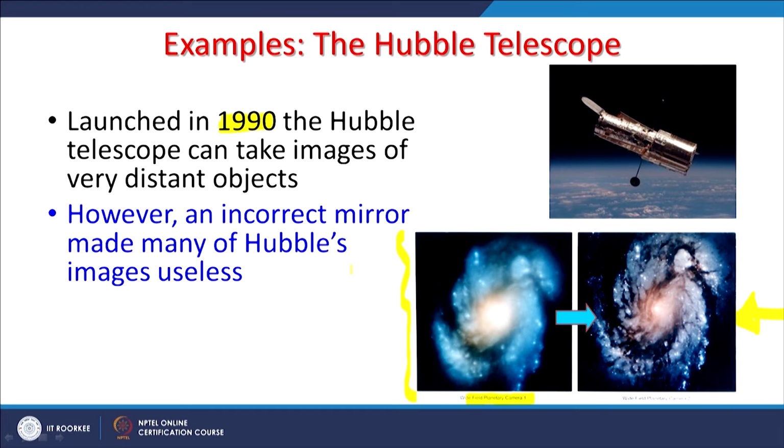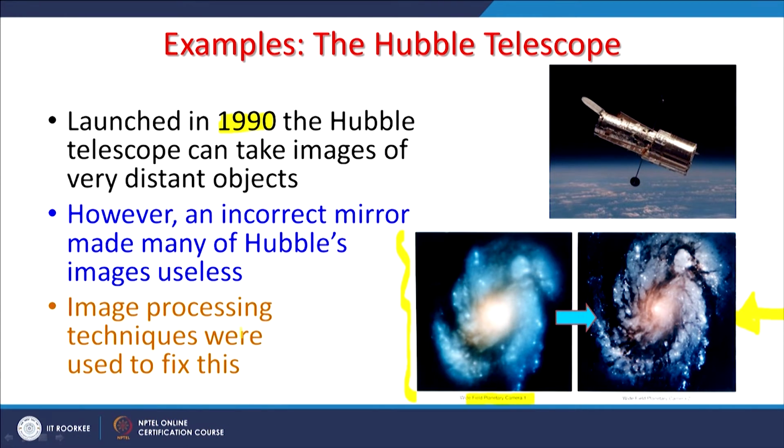So, this is how an incorrect mirror made the Hubble images useless or out of focus, and image processing techniques were used to fix this. So, in our day-to-day life also, a lot of images which are important cannot be taken again, but still these can be improved employing digital image processing techniques.